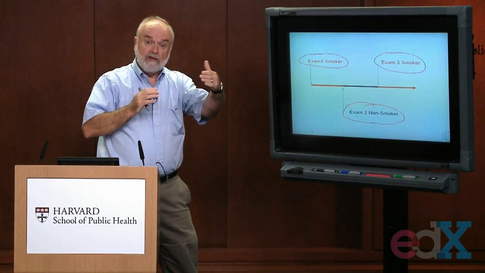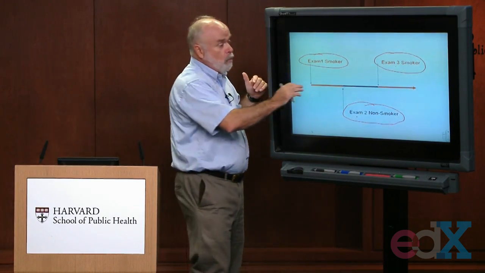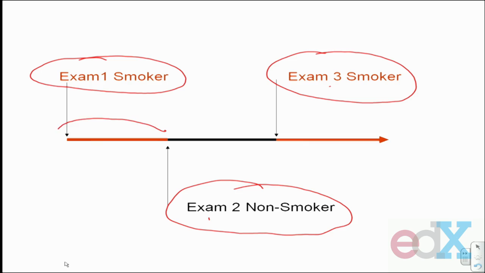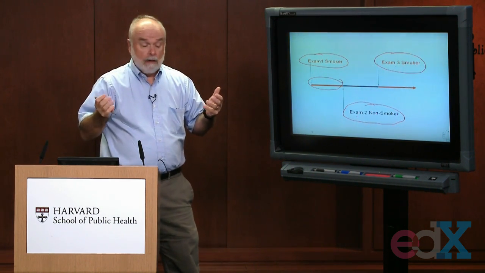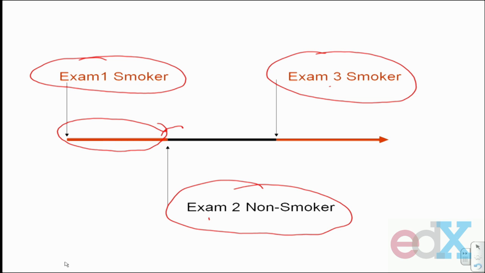So when you follow these people over time, between exam 1 and exam 2 for that person, you're observing person time that a smoker is contributing to your study. Between exam 2 and exam 3, you're seeing more person time that a non-smoker is contributing to your study. And finally, from exam 3 to the end of your study, if that person's smoking again, he's contributing smoking person time.